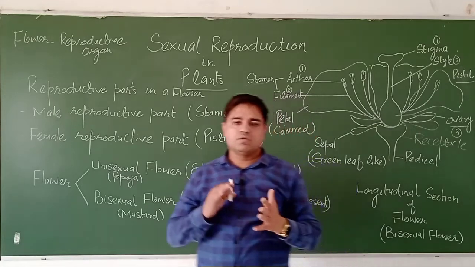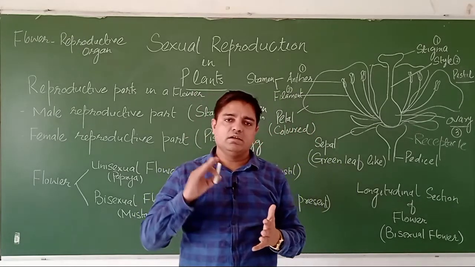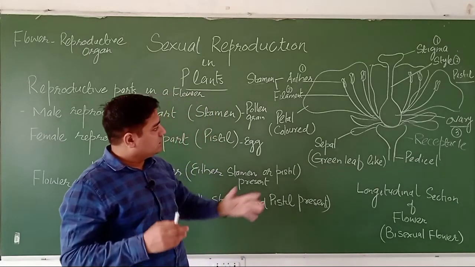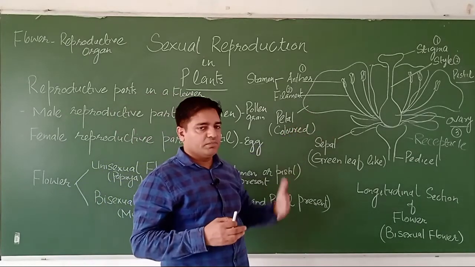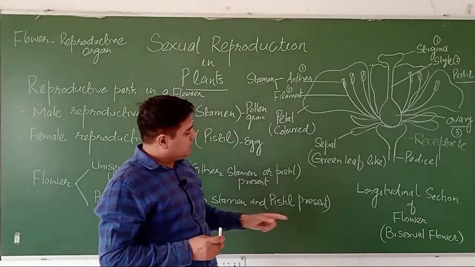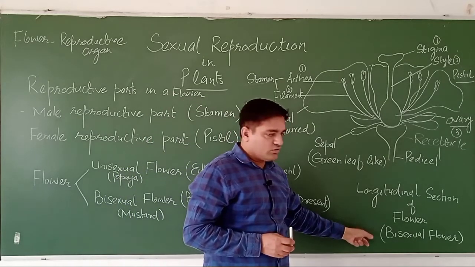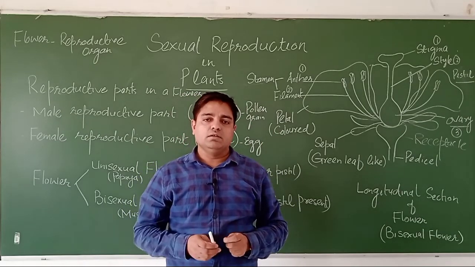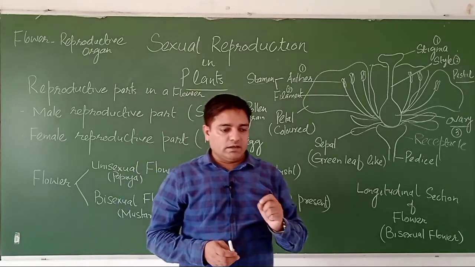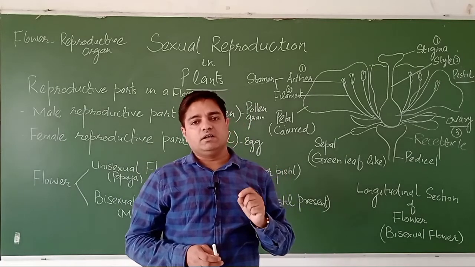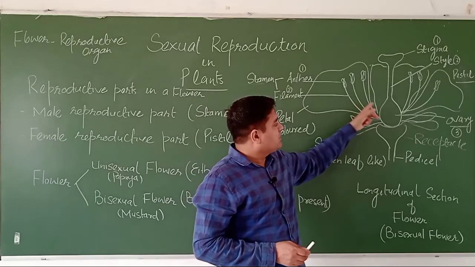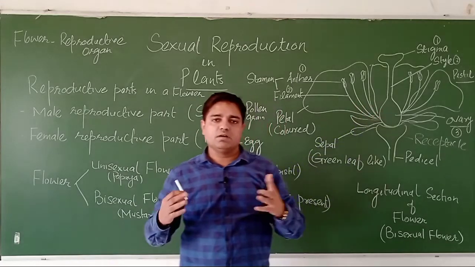So these are the four whorls of any complete flower. Why am I calling this flower a complete flower? Because this flower is also known as a bisexual flower. Bisexual means that kind of flower contains both the male as well as the female reproductive parts.